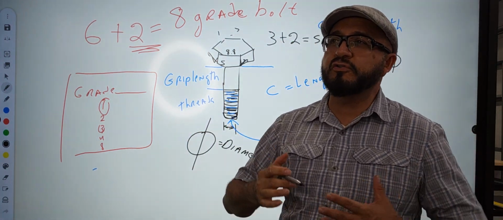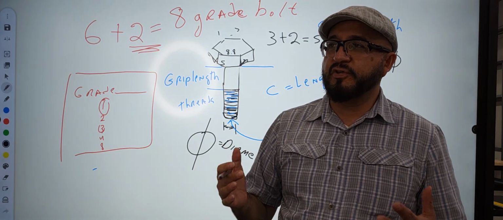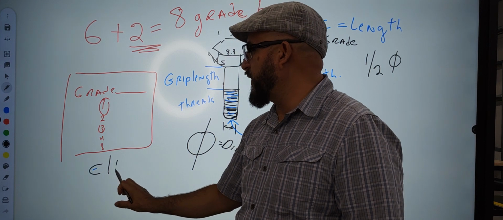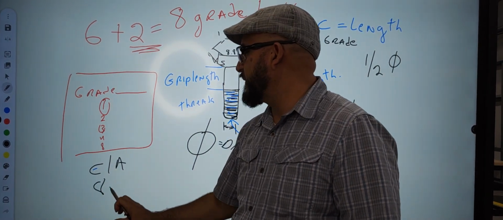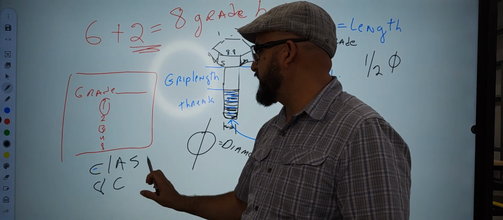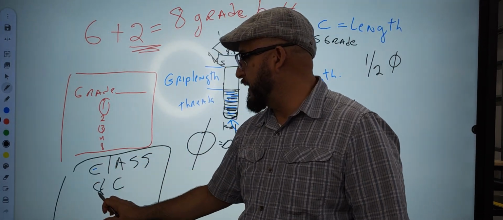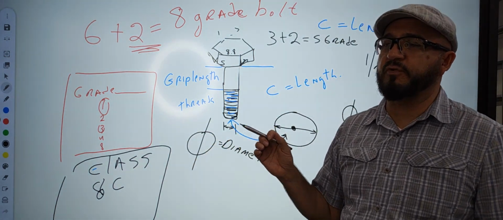Because the international system doesn't use grades, they use classes. So their system is based not on grades, but on class. If you have an 8.8, you have an 8 class type of bolt. And there's another chart that you look at, and it tells you what tensile strength that has before it breaks.